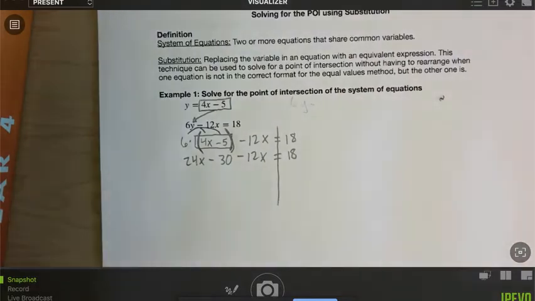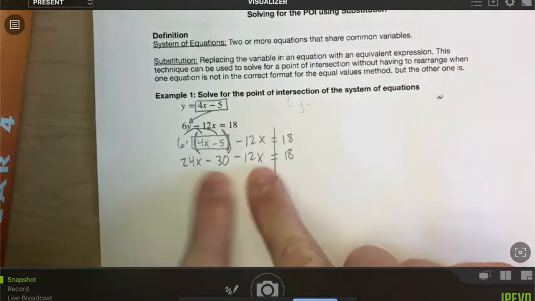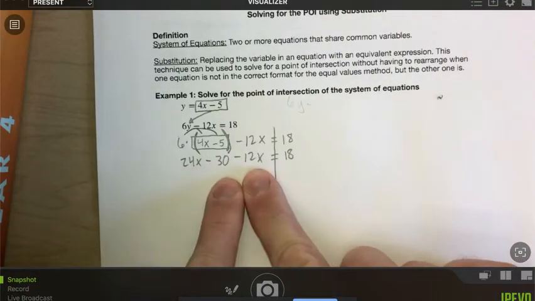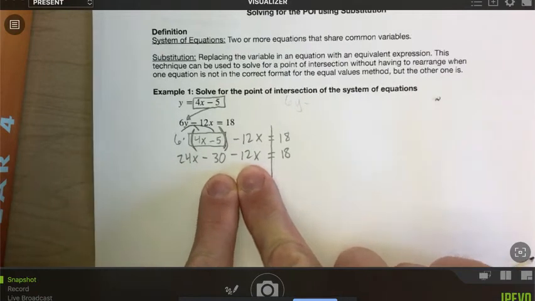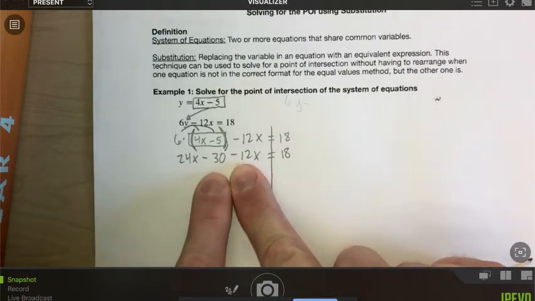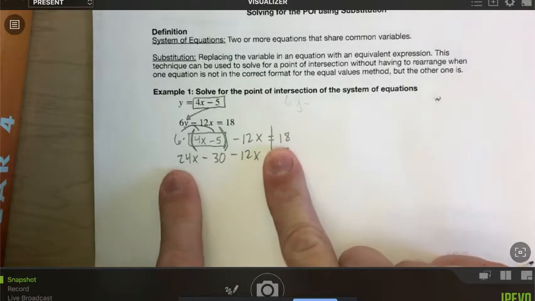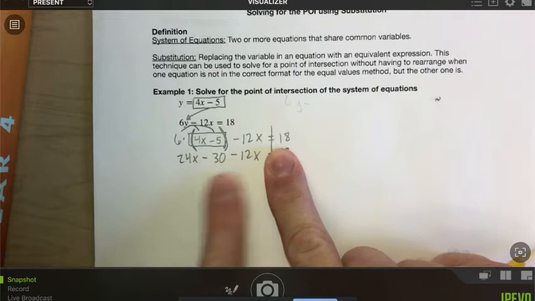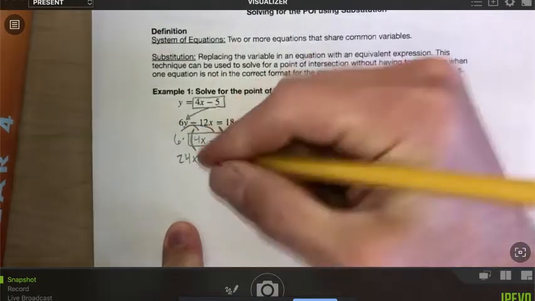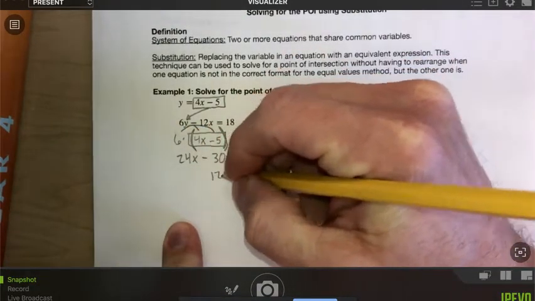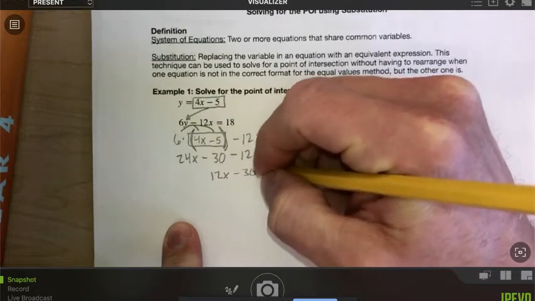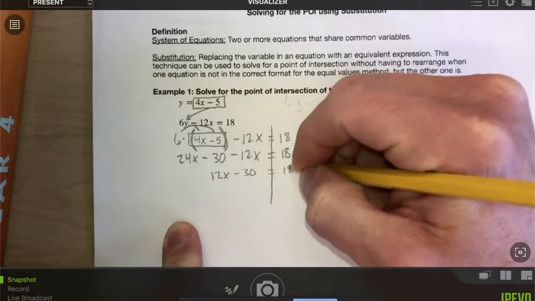The reason substitution is useful is notice my only variable is x. I don't have a y anymore. And so I can actually solve for x. I can say, oh, well, this can still be simplified. Notice how on the left side, I have a 24x and a minus 12x. And so really, that's going to simplify to just 12x minus 30 equals 18.